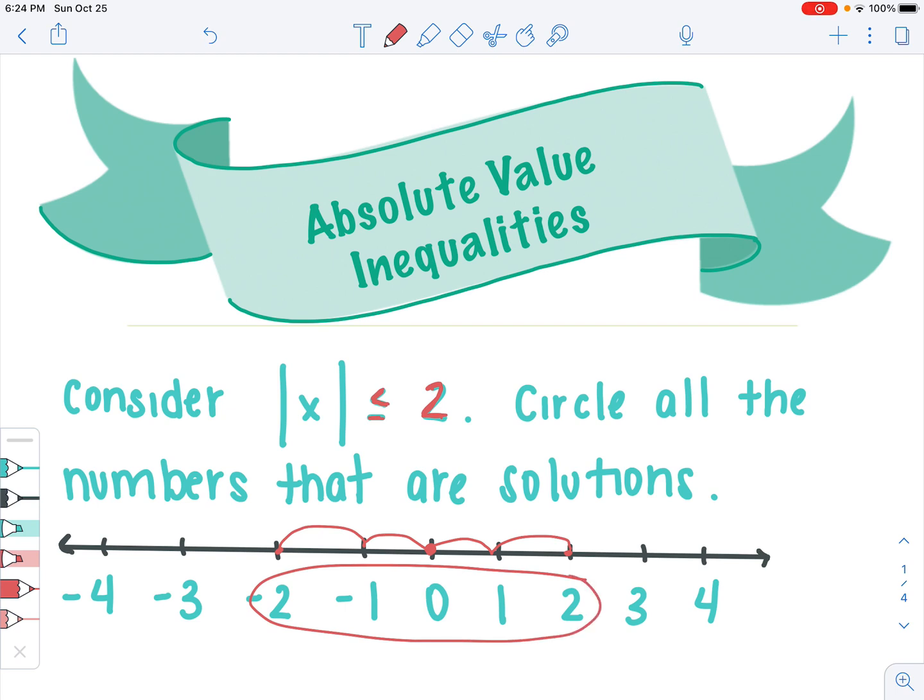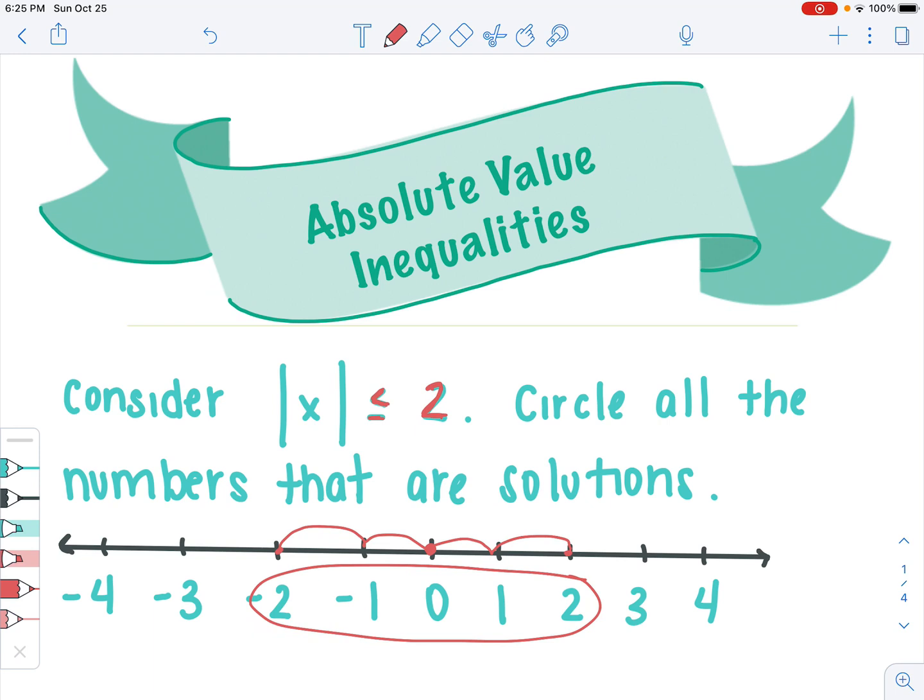I can't use 3 or -3 because they're too far away from 0. So when I'm solving these, I'm always going to have to remember to solve for the positive answer and the negative answer. But when I solve for the negative answer, I have to flip the inequality to face the other way. So there's kind of a lot for you to remember here.